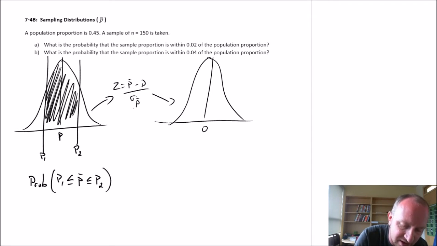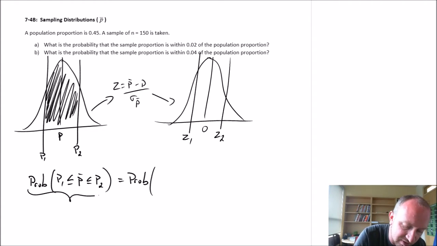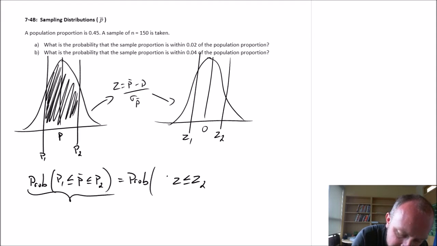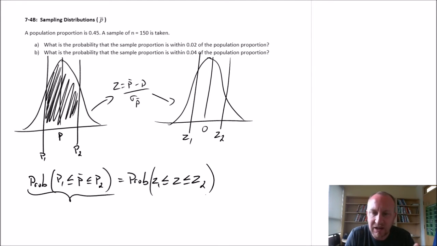Well, if we standardize that, I can obtain the z-scores, z2 and z1, and now this probability of interest is going to be equal to the probability of a z statistic between z2 and z1.